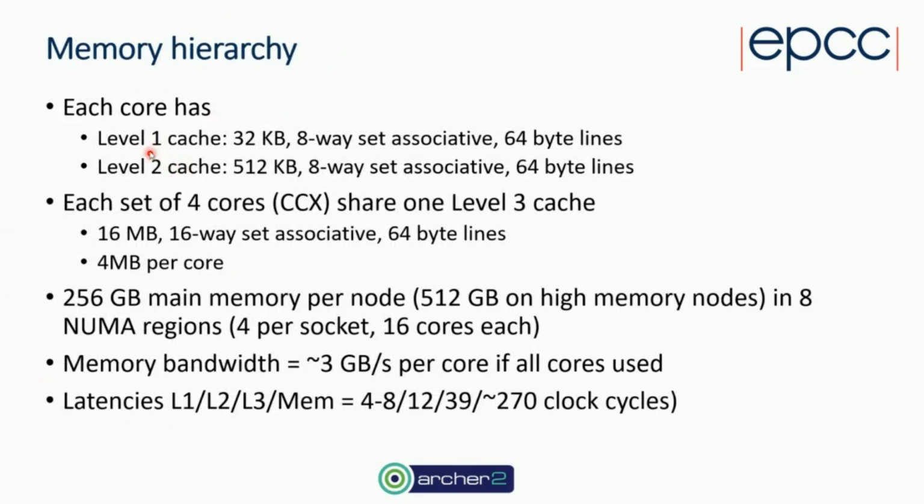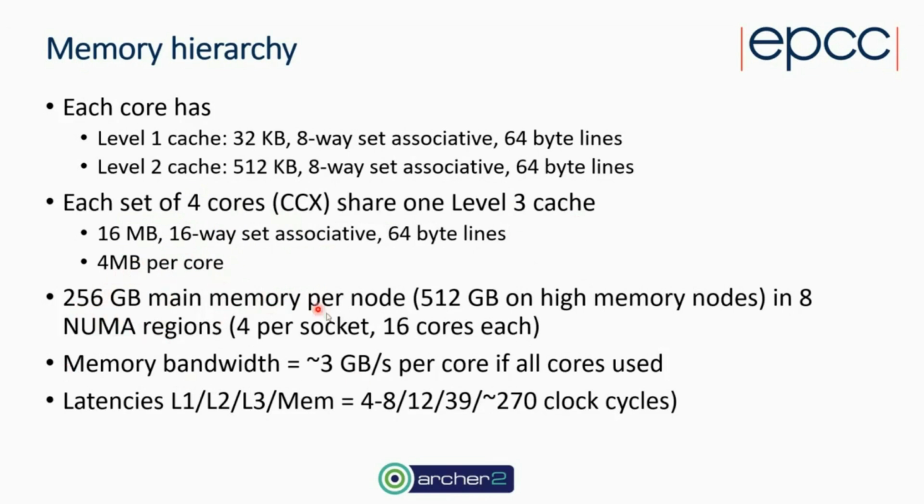Each core has its own level 1 cache, which is 32 kilobytes, and its own level 2 cache, which is 512 kilobytes. And then each set of 4 cores shares one level 3 cache, which is 16 megabytes, 4 megabytes per core. And then these are stitched together to give you a full L3 cache across the whole node.